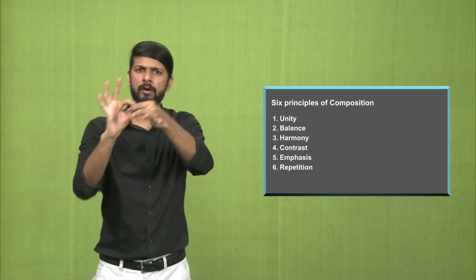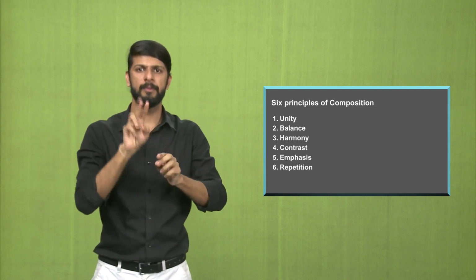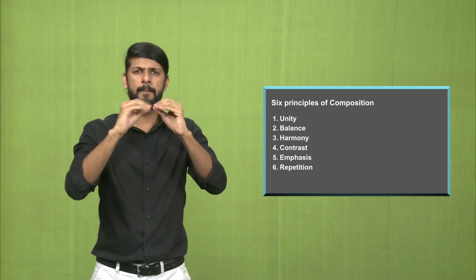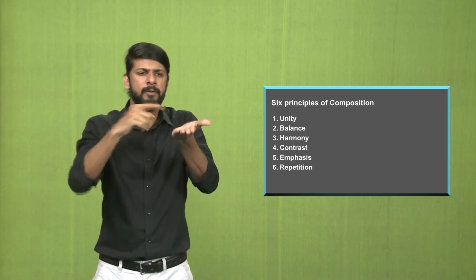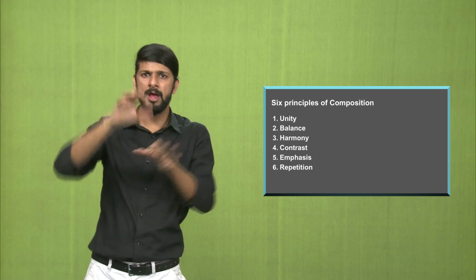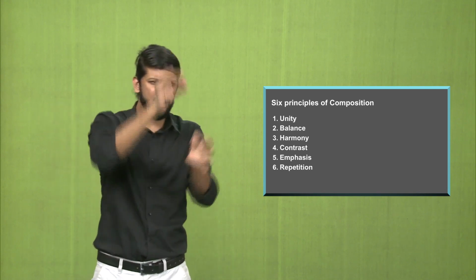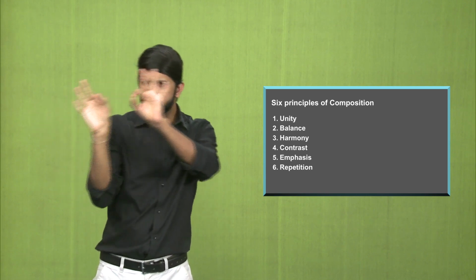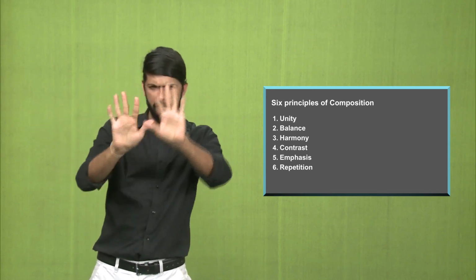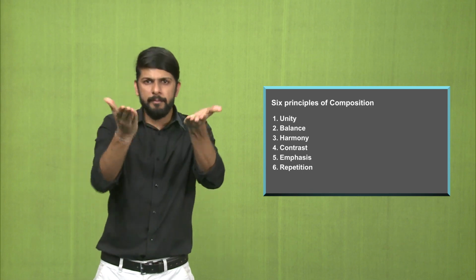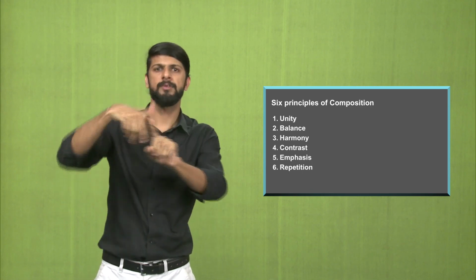There is nothing conflicting here, and there is sense of unity in this artwork. Second, balance. That is, there is balance in the painting in terms of the size and shape of the figures, very lifelike and realistic depiction. So, balance in terms of the depiction.